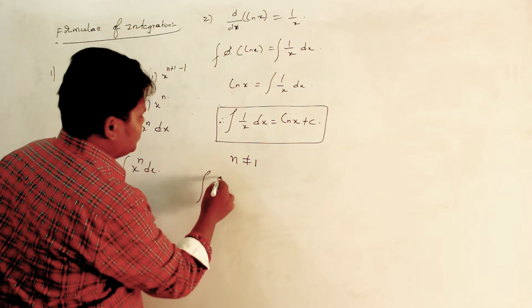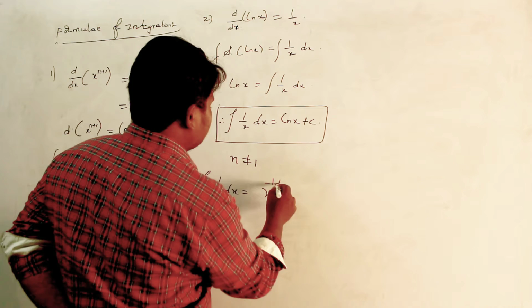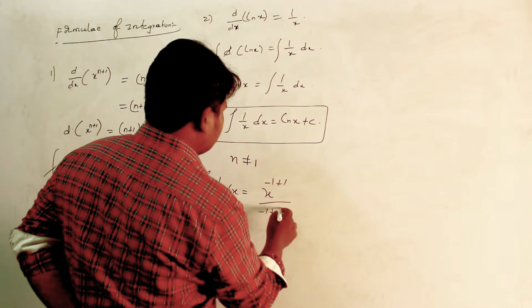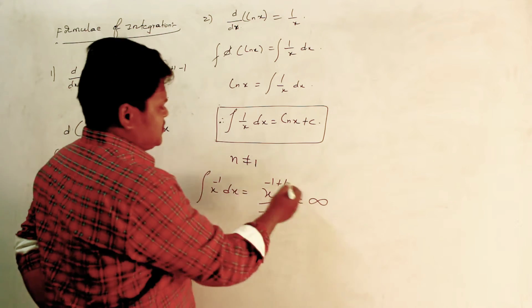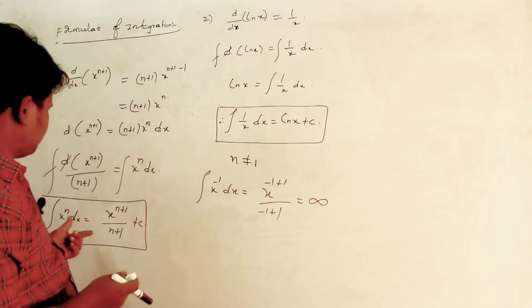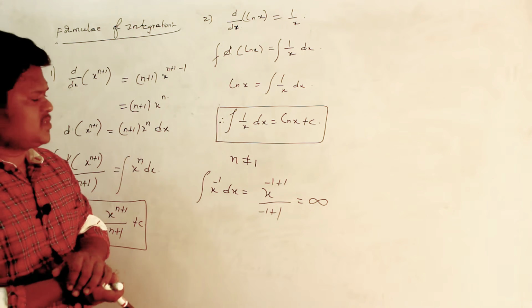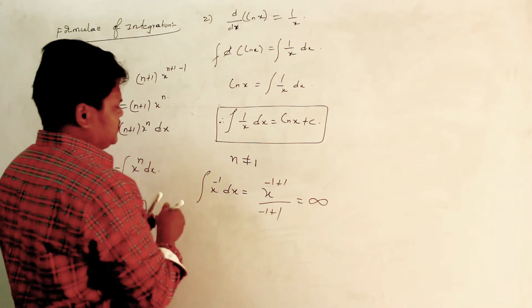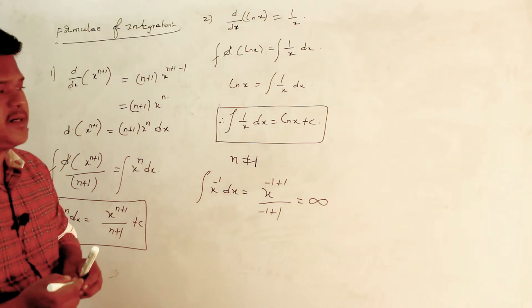Integration of x power minus 1 dx should be equal to x power of minus 1 plus 1 divided by minus 1 plus 1. Minus 1 plus 1 is 0 and this is indefinite. So this is a wrong method of calculation. This formula cannot be used for n equal to minus 1. So we have to remember this in this condition.